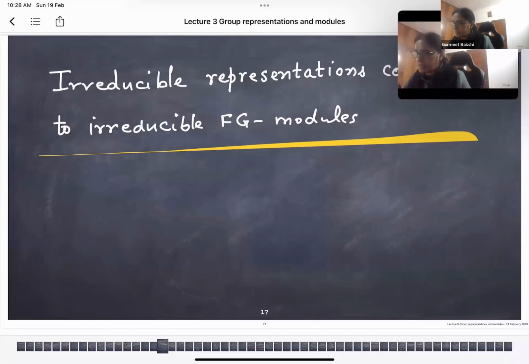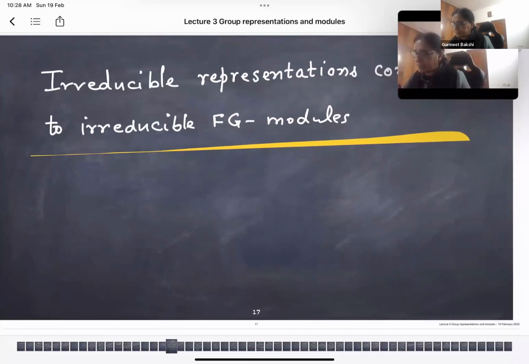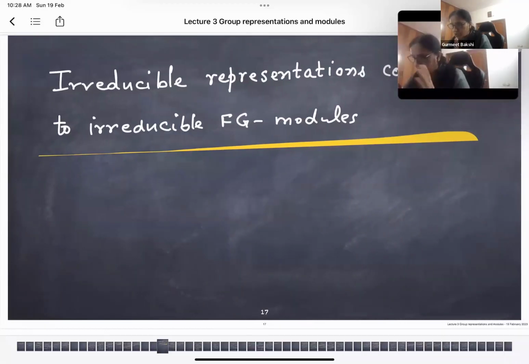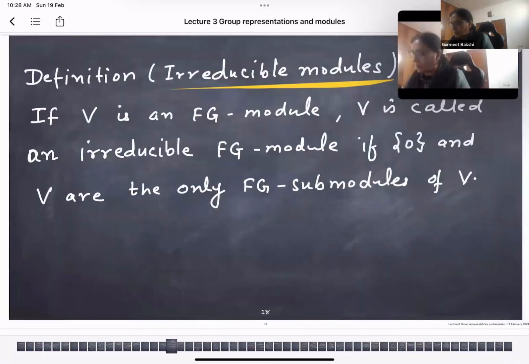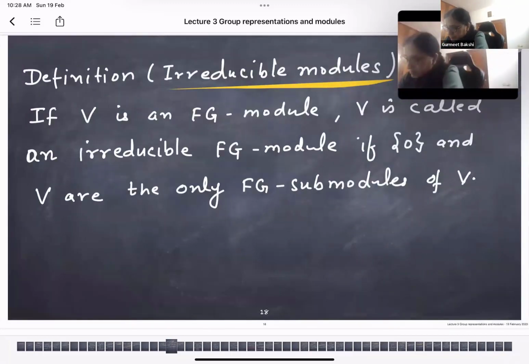I want to show you that under this correspondence, irreducible representations correspond to irreducible modules, right? So what is an irreducible module? So-called simple modules. Are you familiar with this term?